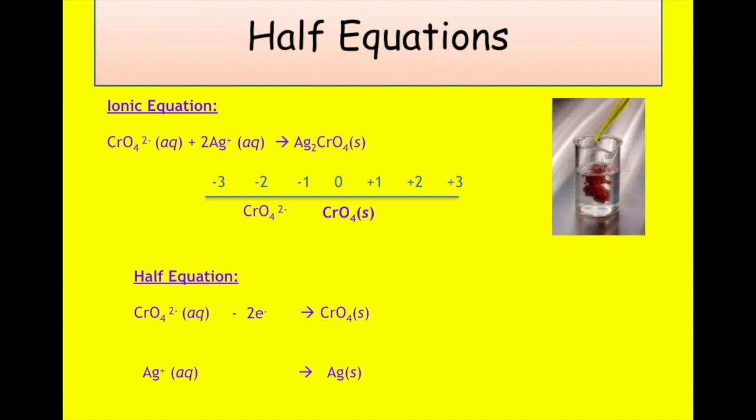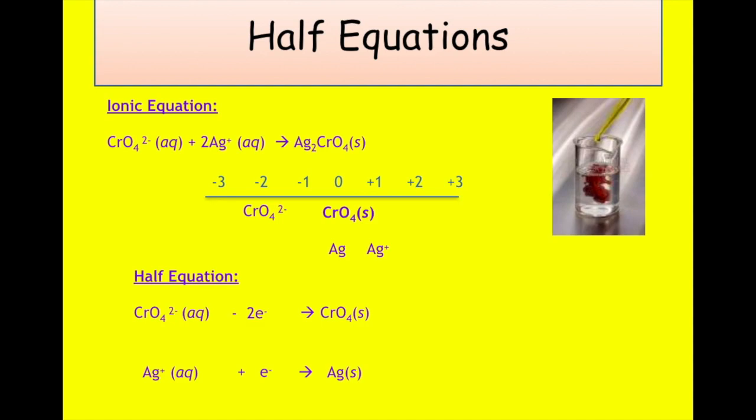What about the silver? Well, let's put Ag plus on the number line. It's at plus 1. And then it's going to end up as solid, naught. So how are we going to go on the number line? We need to go in the negative direction. So if we want to go in the negative direction from silver plus 1 to silver 0, we now need to add a negative charge. So we're going to add 1 negative charge there.